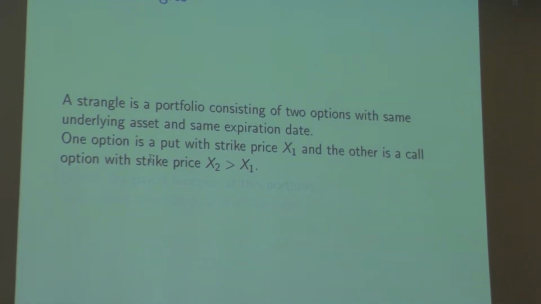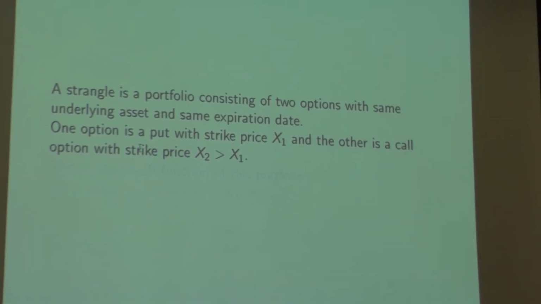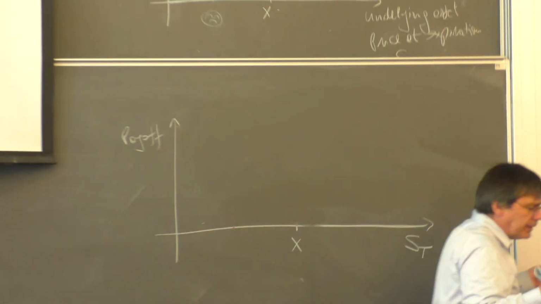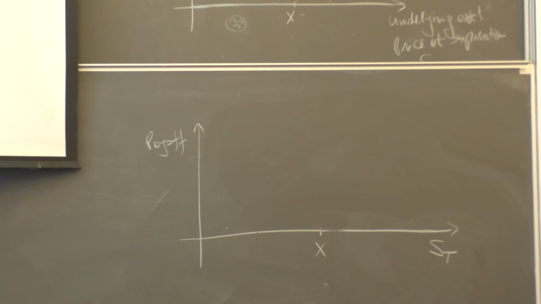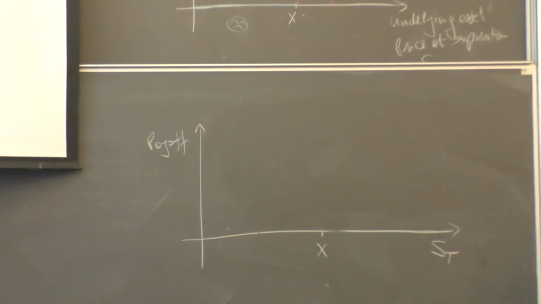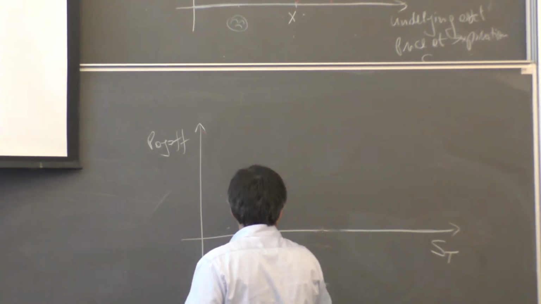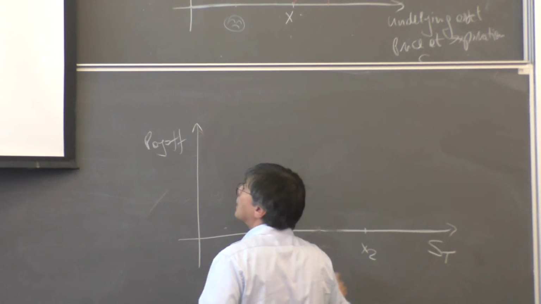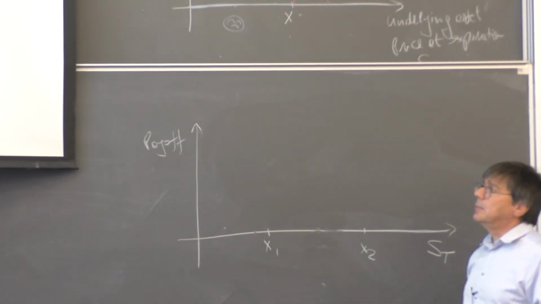Let's recycle this picture. So when I combine these two things, what's going to happen to me at expiration? So let's put the numbers here somewhere. So here's my X1, here's my X2. X2 is greater than X1. And then what do I see in my portfolio?